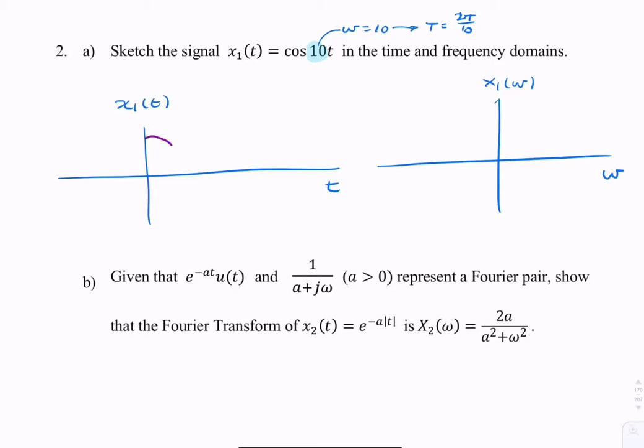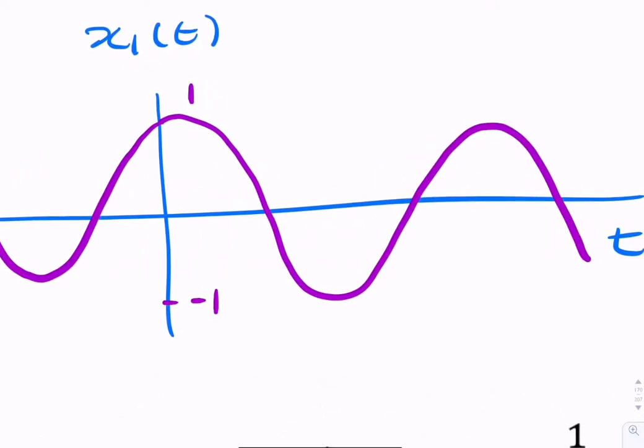So it's a cosine. An approximate sketch like that is fine. You need to label the amplitude 1, and we would need to label these zero crossings. So this is the period of 2 pi over 10, or pi over 5.